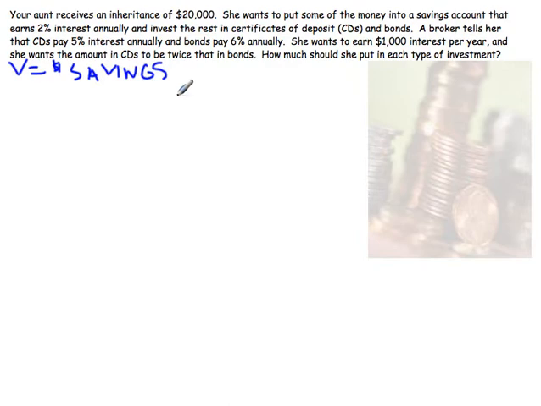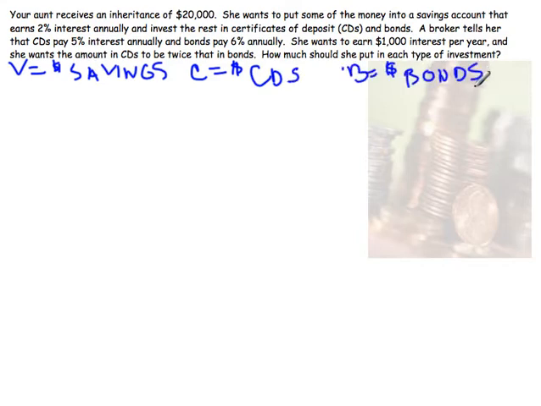Sometimes an S looks like a 5. And then I'm going to use C for CDs, the amount in CDs, and B for the amount of money in bonds.